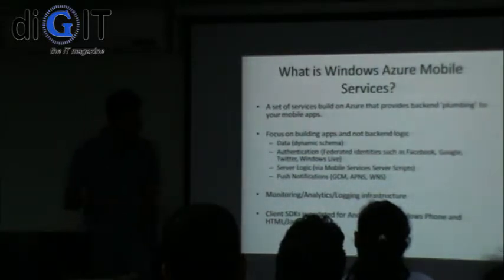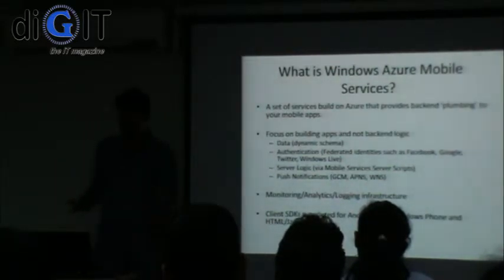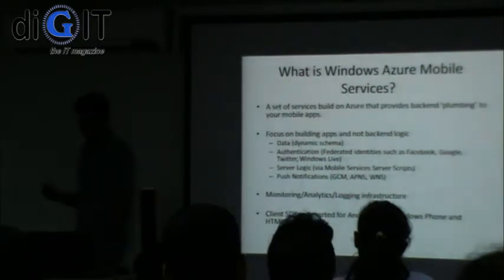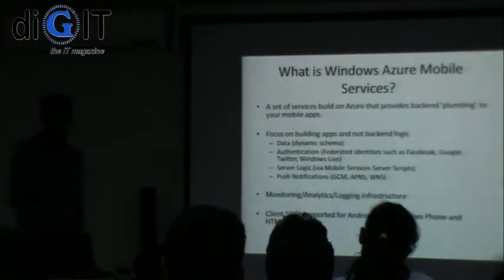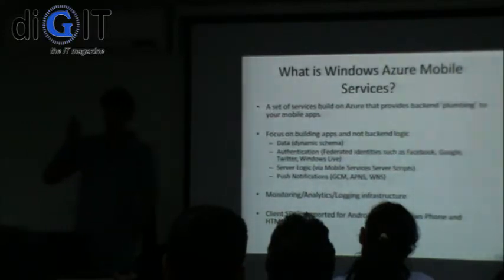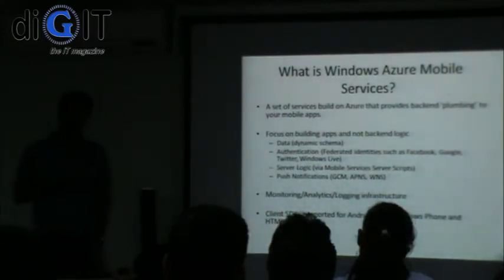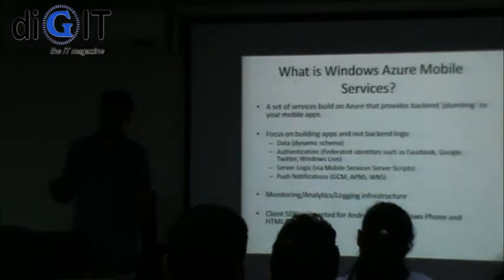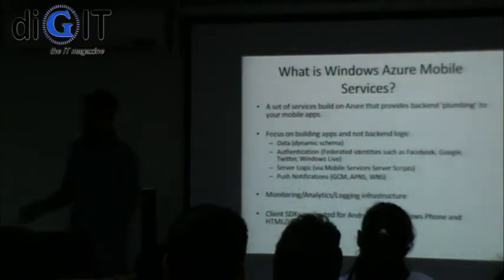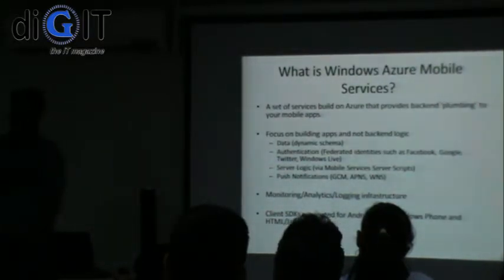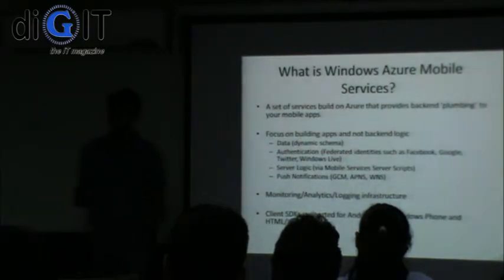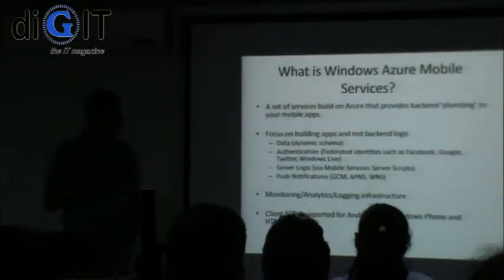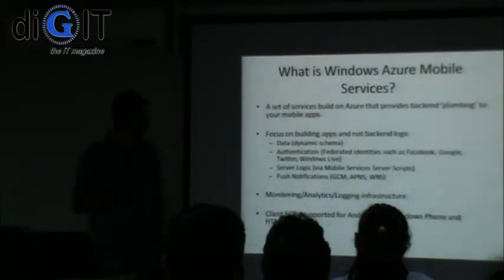You obviously need to design your APIs and maintain them. So services like Windows Azure help you focus on your application and not worry about the backend stuff. The backend stuff, the scaling, logging, diagnostics, all that kind of plumbing is handled by this. Parse is another service that did something similar, but this is Microsoft's offering.